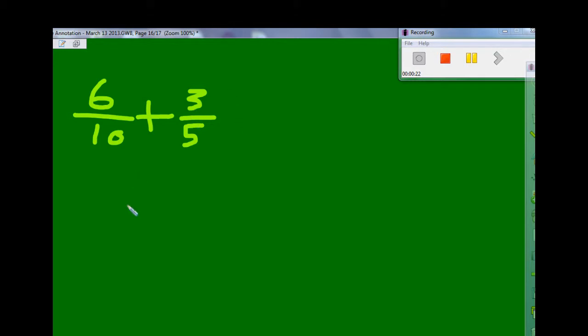So first you want to ask yourself, what is my denominator? To find the denominator, you say, what's the first multiple that 10 and 5 can go into together? Well, 10, because 5 can go into 10, and 10 can go into 10 once. So you write 10 at the bottom.